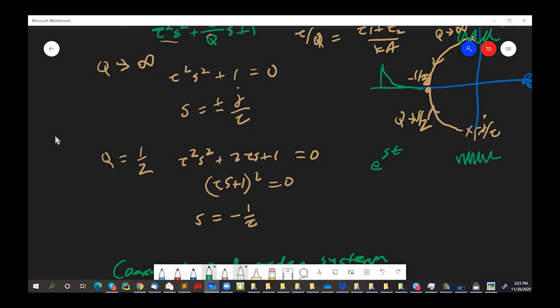So that kind of describes how stable it is. So what this shows is that when Q is really big, it's a very ringy response. But when Q is small, down to 1/2, it becomes more like an exponential response.